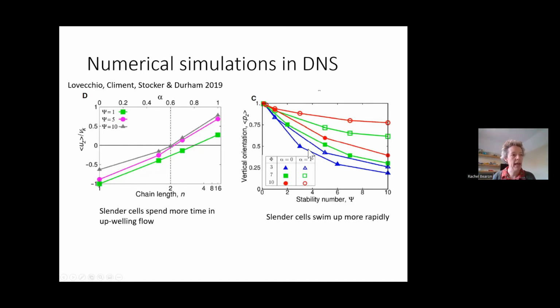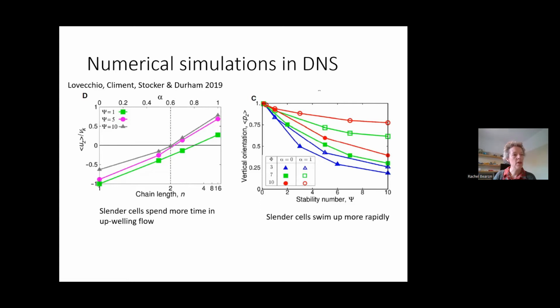If we look at the right-hand plot, here we're looking at psi, increasing values of stability number, or effectively increasing values of shear. And in this case, we're looking at the vertical orientation. So this is their ability to actively swim upwards. So their self-propulsion, their orientation p_z.